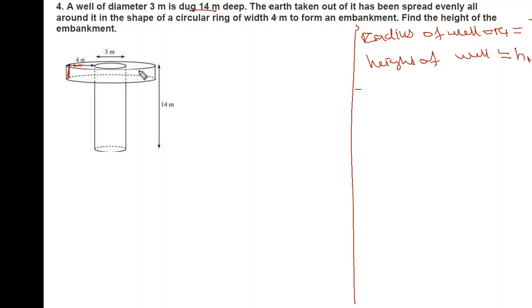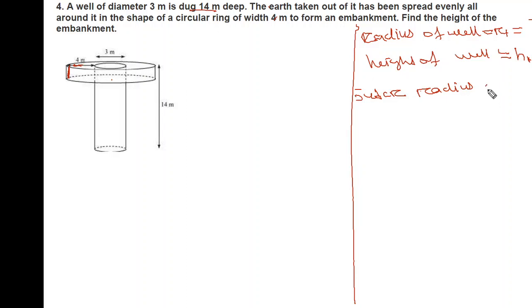Then we'll move to the embankment. Outer radius. This embankment has two radii, that is, one is the outer radius and the other is the inner radius.